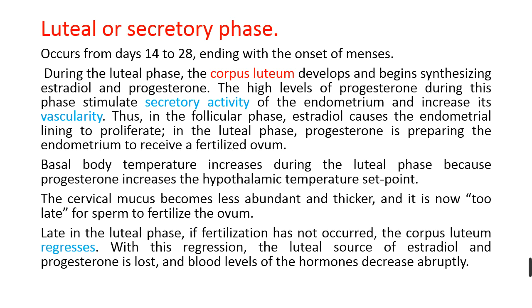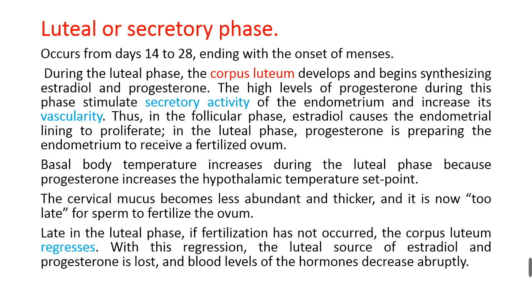Basal body temperature increases during the luteal phase because progesterone increases the hypothalamic temperature set point. The cervical mucus becomes less abundant and thicker, and it is now too late for sperm to fertilize the ova during the luteal phase.